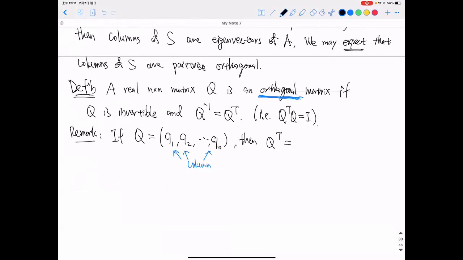Q transpose, if Q is written in columns, Q transpose is naturally written in rows. The rows being the transpose of the columns, right? So rows.